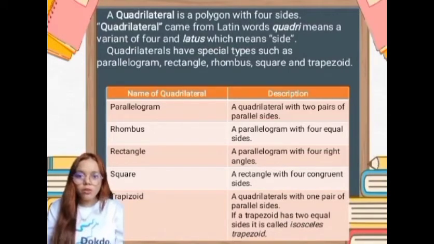A rhombus is a parallelogram with 4 equal sides. A rectangle is a parallelogram with 4 right angles. A square is a rectangle with 4 congruent sides. A trapezoid is a quadrilateral with 1 pair of parallel sides. If a trapezoid has 2 equal sides, it is called an isosceles trapezoid.